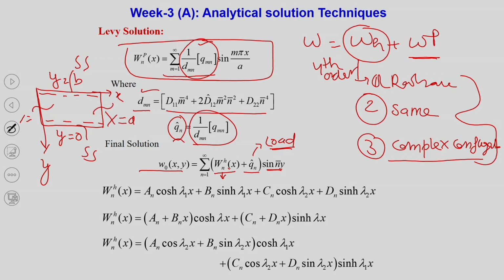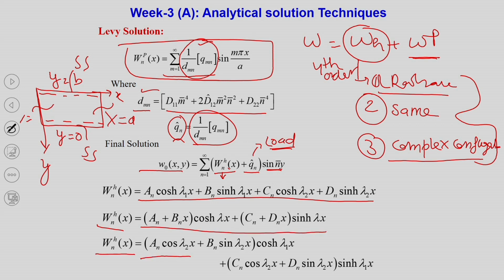Now you see the final solution. Let us say in the first case my roots are real and distinct; for that case the homogeneous solution will look like this. If my roots are the same or a linear combination, then the homogeneous solution will look like this, and if my roots are complex, then the homogeneous part will look like this.